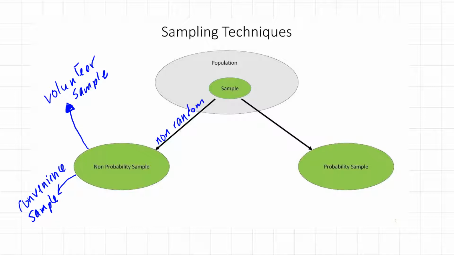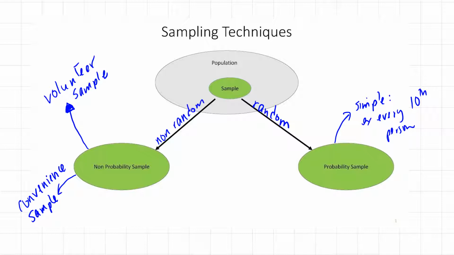The other type of sample is a random sample, a true random sample, and that's called a probability sample. You can have a simple random sample. That means, for example, I'm going to ask every 10th person.